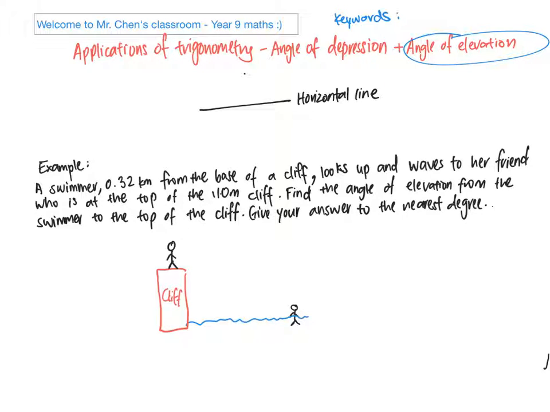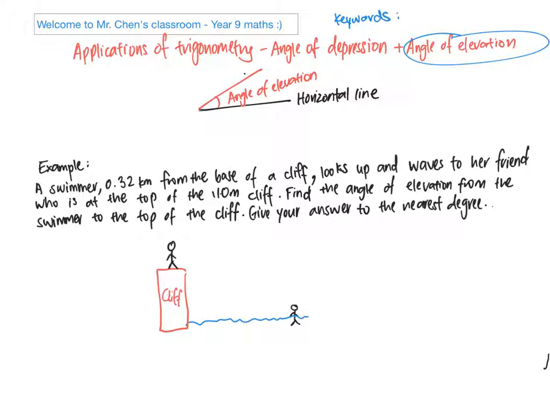Any angle that is formed at the upward sloping of a line, for example, if I draw a line going upward from the horizontal line, will be considered your angle of elevation, because it is elevating above the horizontal line.